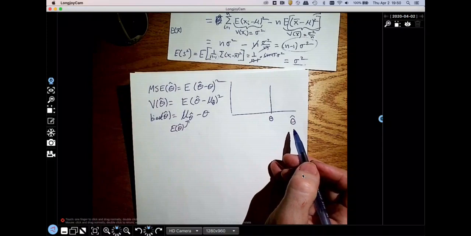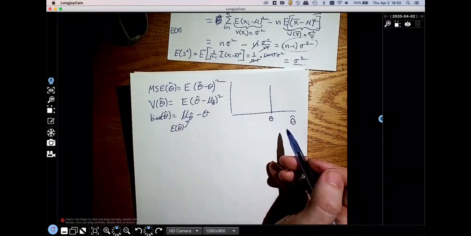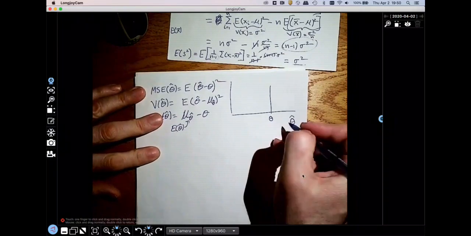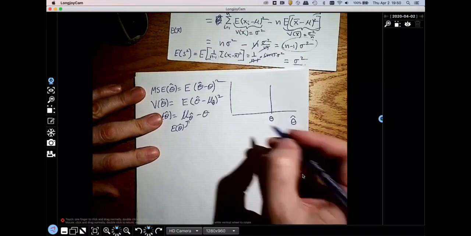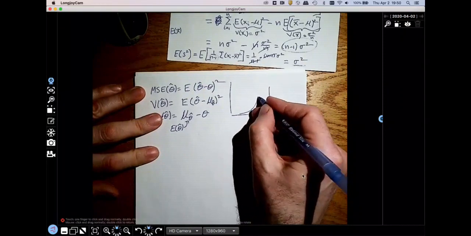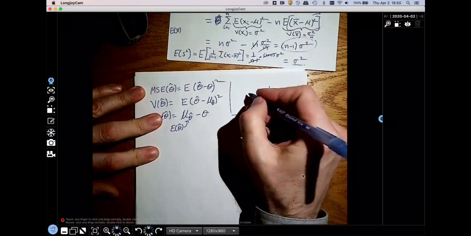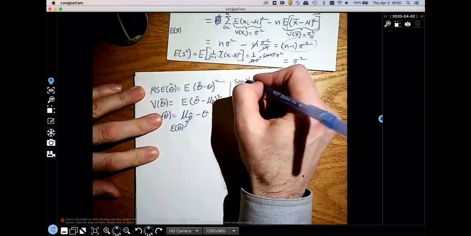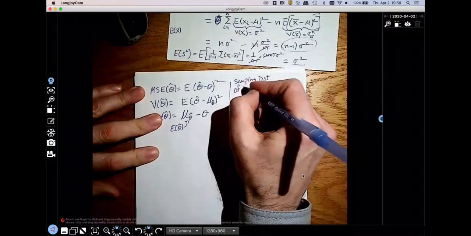If we looked across samples, as we did with my sampling distribution lecture last week, we're going to have a distribution around this. Maybe it's a normal distribution. They are often normal. Let's write this as the sampling distribution of theta hat.